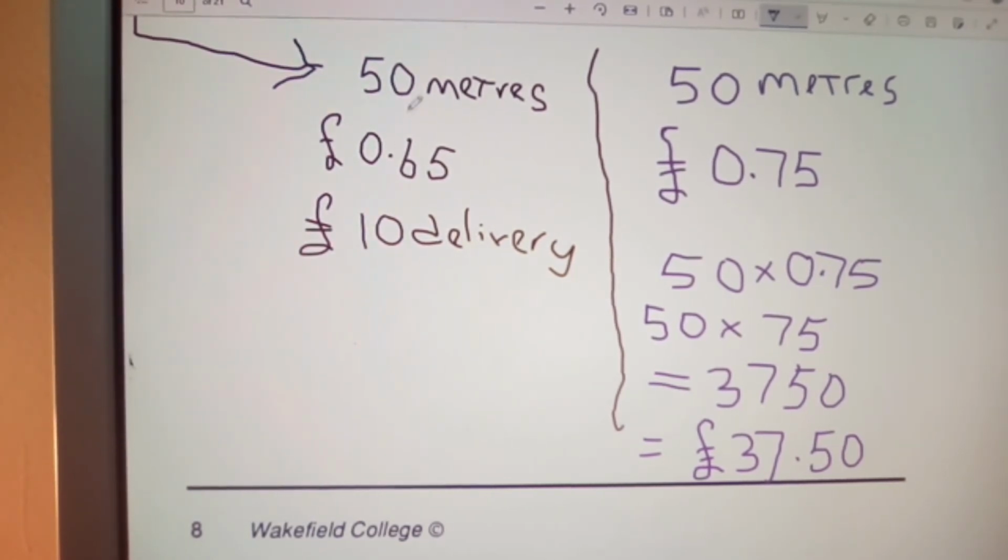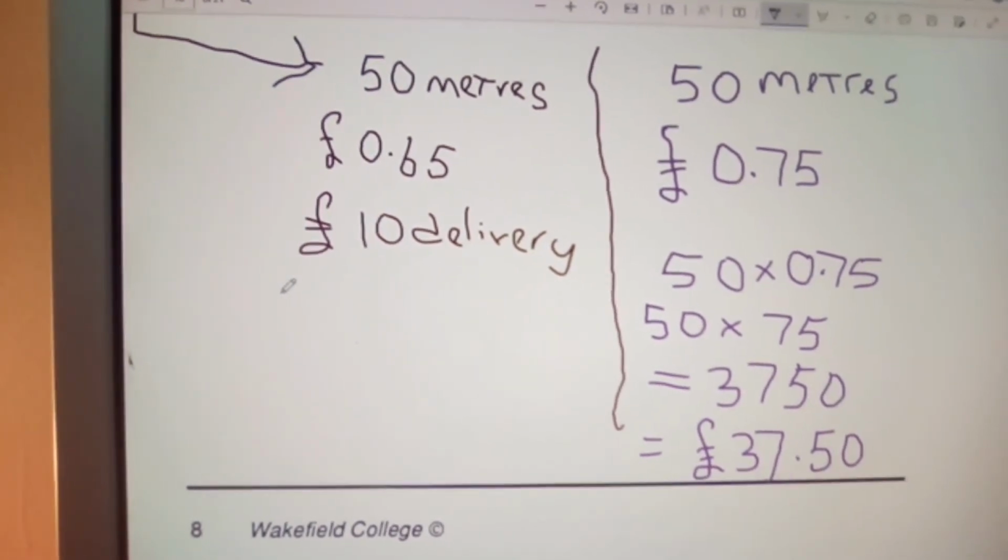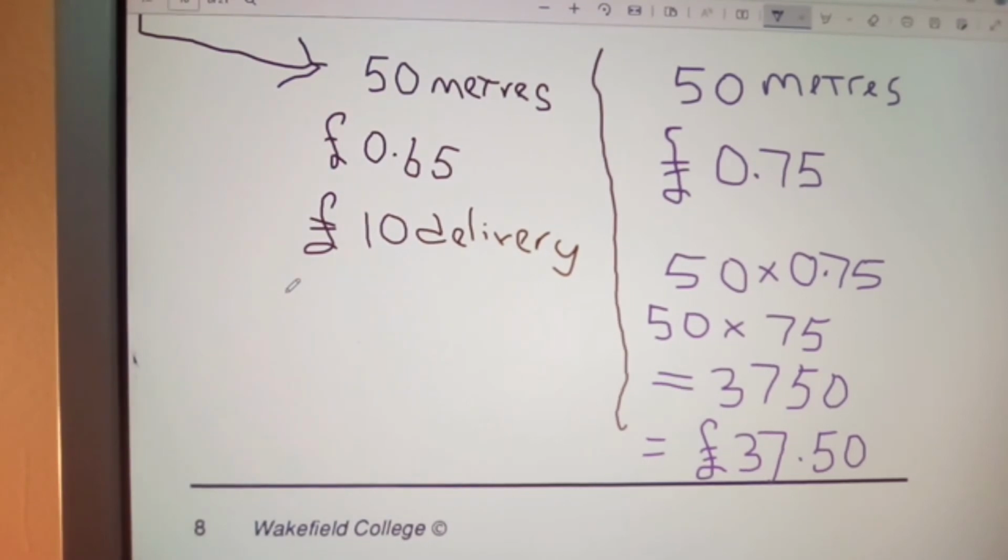So if we got 50 times, let's get that now. We got 50 times 65. We're doing the same process here now. Okay. 50 meters.